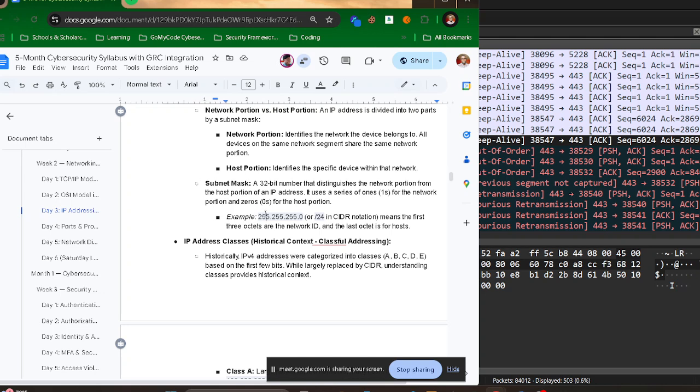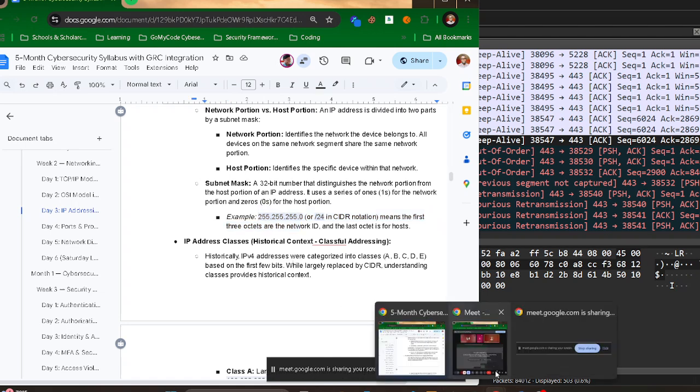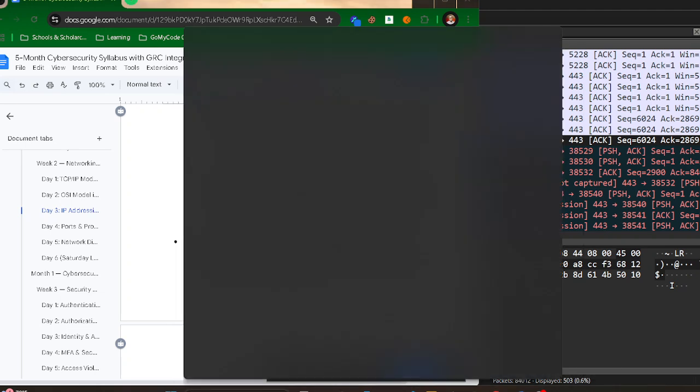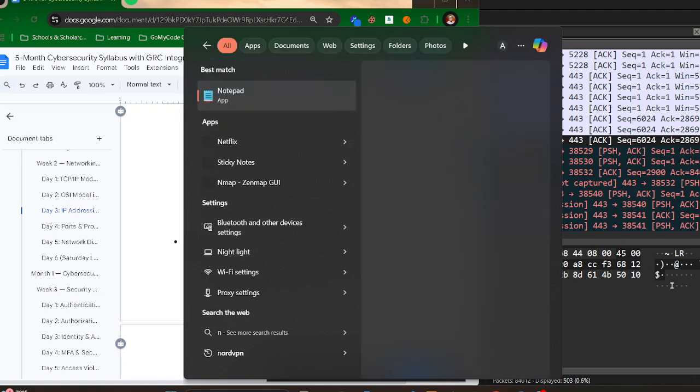An example of that is 255.255.255.0, or slash 24 in CIDR notation. Let me see how I can show this one better. Let me see if I can quickly identify.